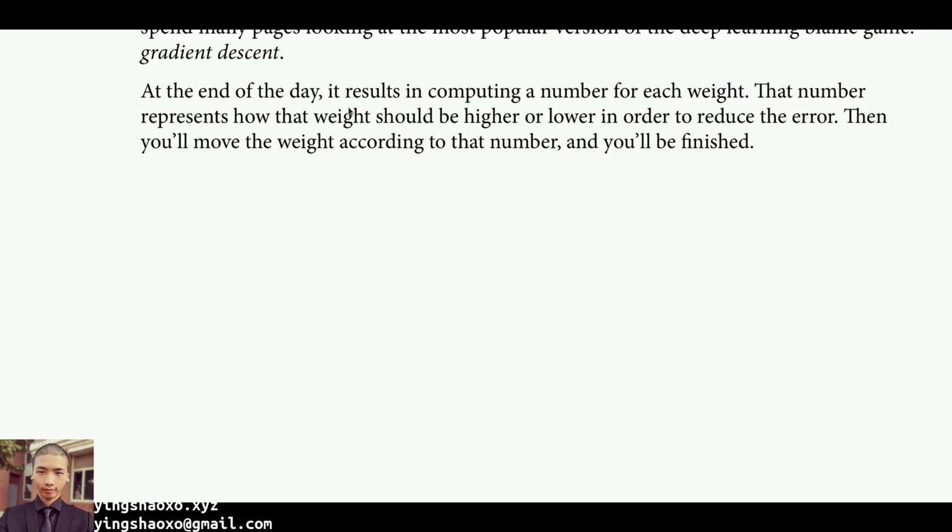At the end of the day, it results in computing a number for each weight. That number represents how the weight should be higher or lower in order to reduce the error. Then you'll move the weight according to that number, and you'll be finished.